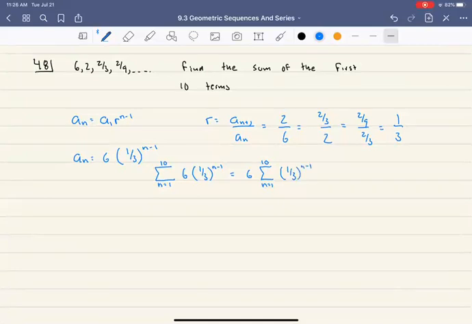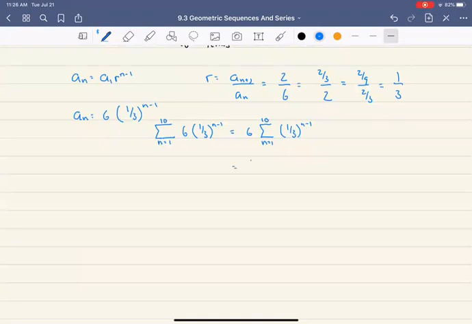So that equals 6 times, when n equals 1, we get a power of 0. Anything raised to the 0 power is always equal to 1. That's a convention that we take. So 1 plus 1/3 plus 1/9, all the way up to 1 over 3 to the 9th.